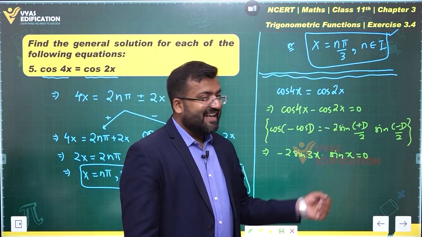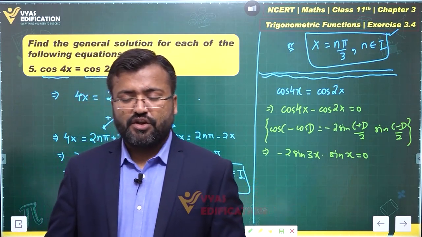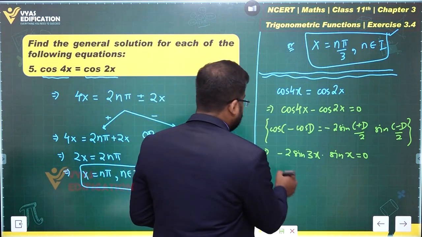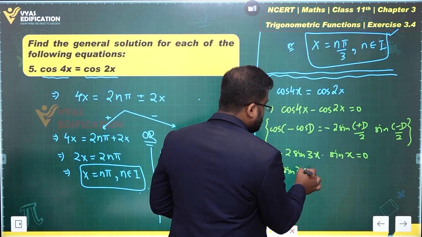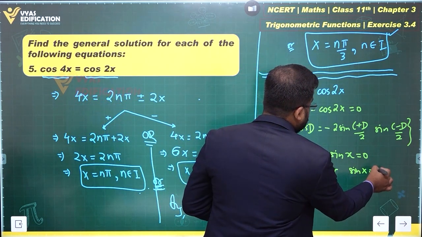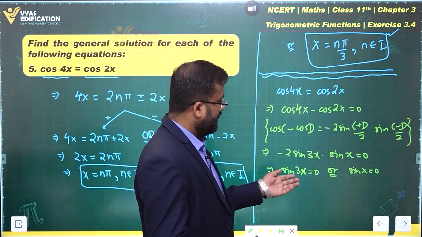Sine 3x sine x, the product, if it is equal to 0, the product of two real numbers, if it is 0, then either sine 3x will be 0 or sine x will be 0, right? Let's use that. So either sine 3x equals 0 or sine x equals 0.